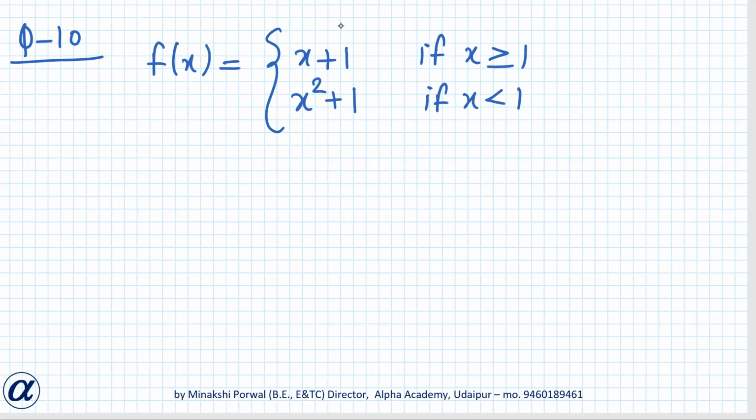Now, when you observe the function for x greater than 1, it is a polynomial function. For x less than 1, it is again a polynomial function. So we can clearly say that for all values of x greater than 1, the function will be continuous. For all values of x less than 1, it will be continuous. Only the point could be 1. So we will check here.